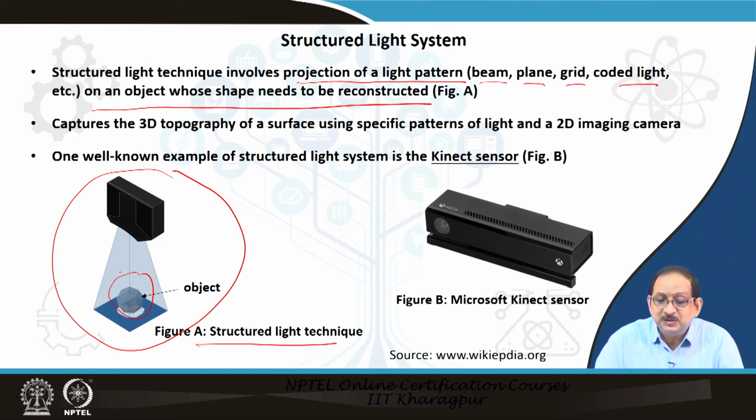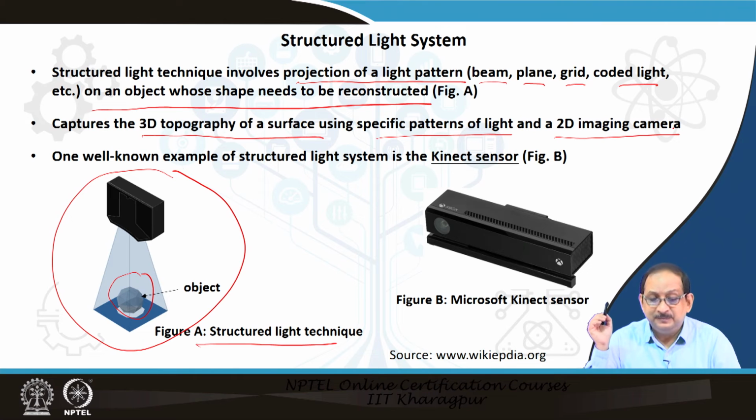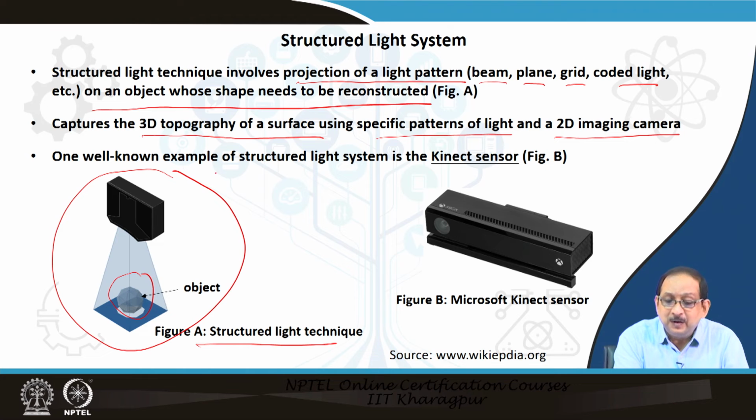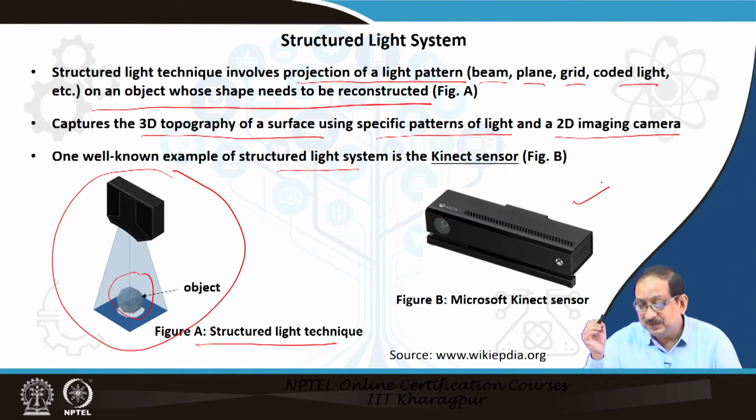It actually captures the 3D topography of the surface using specific patterns of light and a 2D imaging camera. So, a well-known example of a structured light system is the Microsoft Kinect sensor, which can be used to reconstruct the shape of the object using the 3D topography of the surface of the object.